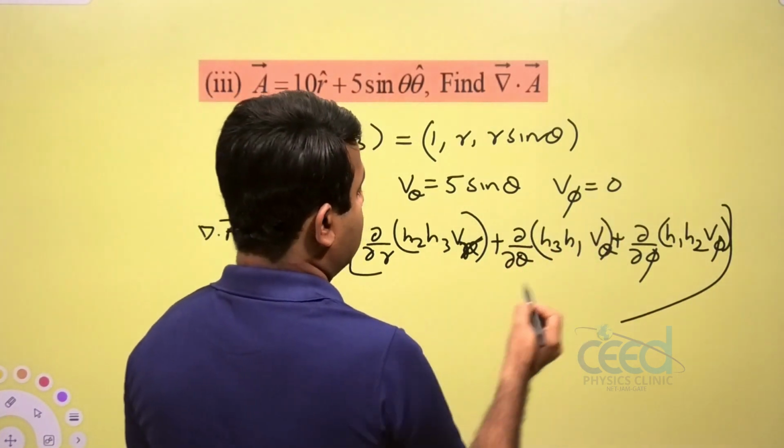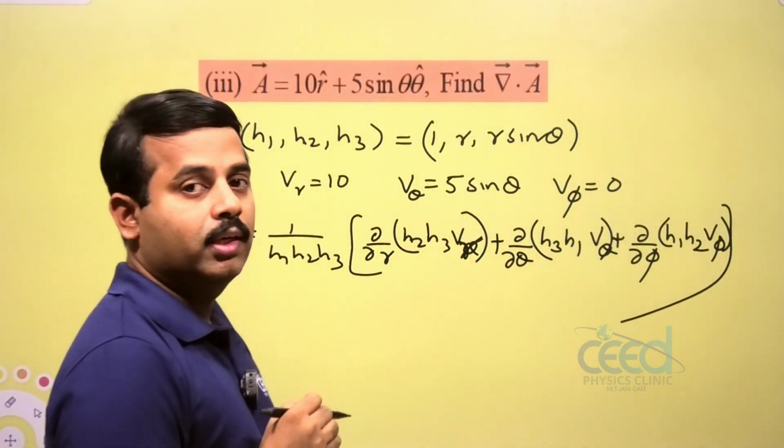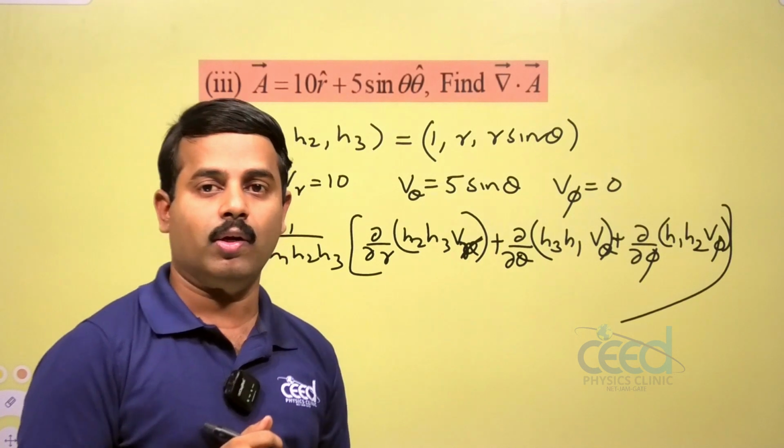So this is the expression for divergence in spherical polar coordinates.